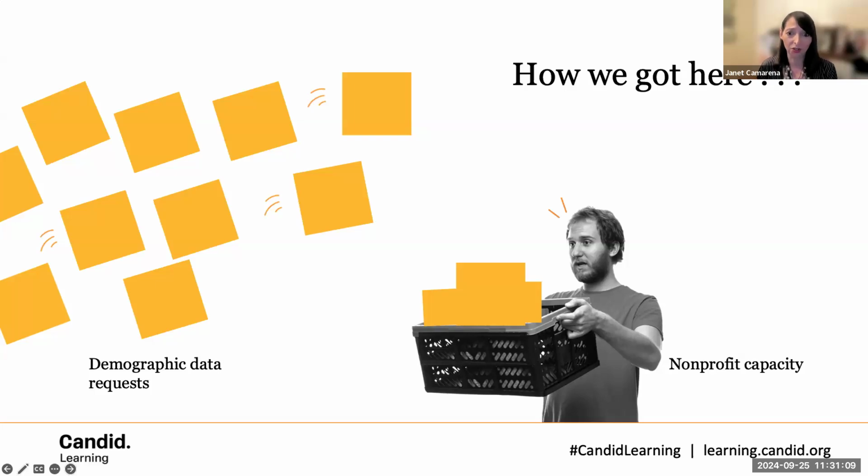While the intentions here were good, the result that I'm sure many of you have experienced is that this created a staggering demand on nonprofits to comply with what essentially are custom data requests from a number of different funders, each using different demographic categories and questions to collect this data. So for example, in a single year, Candid counted more than 100 unique requests for such data. At least we have a development department that can try and comply, but what about those who don't?